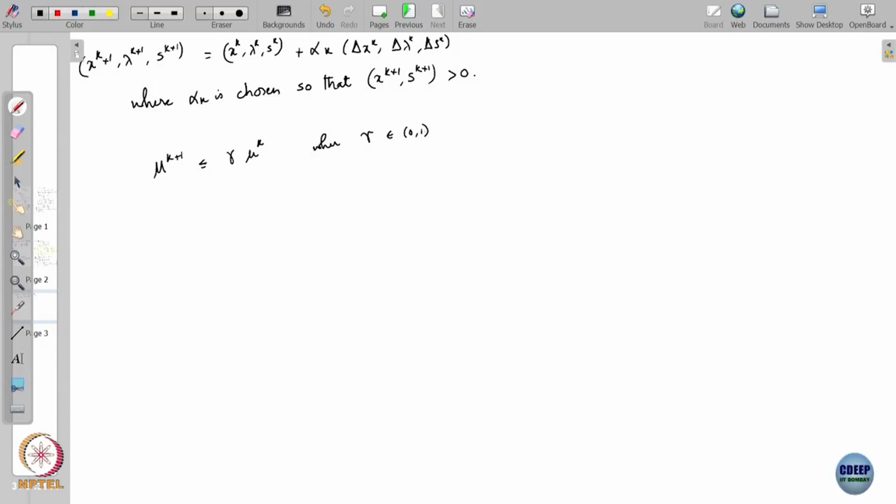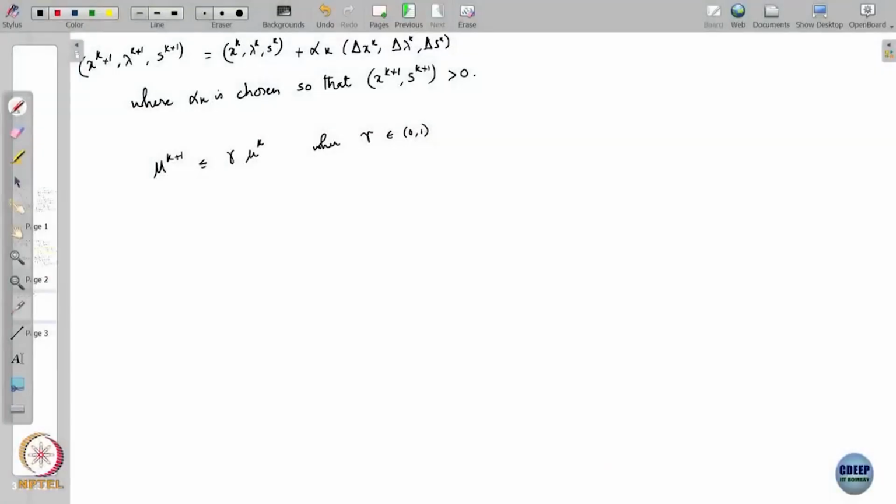The constant might depend on n, but it is a constant between 0 and 1. So, the duality measure goes down to 0 geometrically, right. So, mu k plus 1 is always less than or equal to gamma times mu k, where gamma is some constant between 0 and 1.